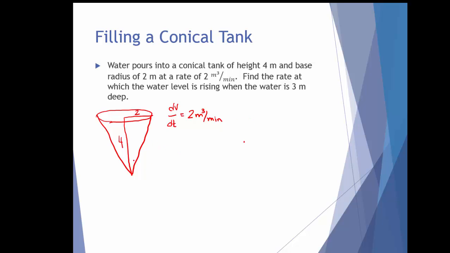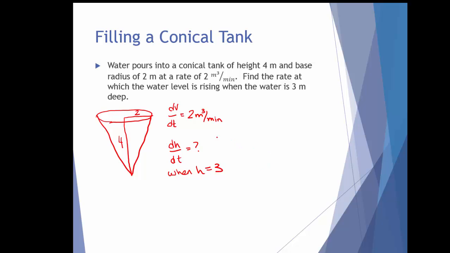So when we talk about the water level, if you imagine it to be, let's say, here or here or here, what you're actually changing is the height of that cone. So we are looking for dh dt for this particular problem, specifically when the water is 3 meters deep. So in other words, when h equals 3.